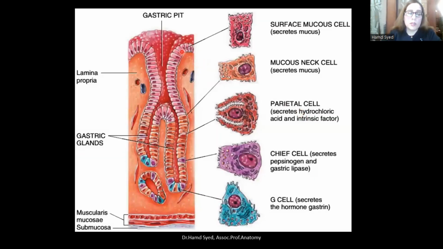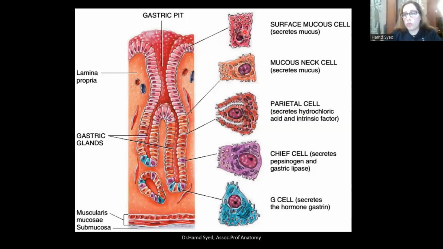So here we can see the diagram in which we are looking at a gastric gland. The upper part is the gastric pit, and then in the lower part, you can see the gastric gland. And the different cell populations, like I told you, these are the surface mucous cells which are present in the inner lining of the stomach wall and also in the region of the gastric pit.